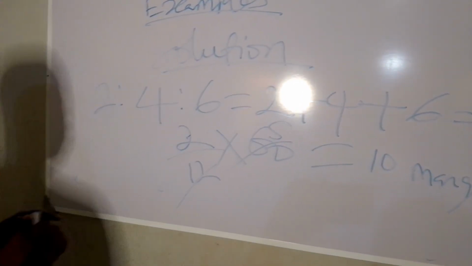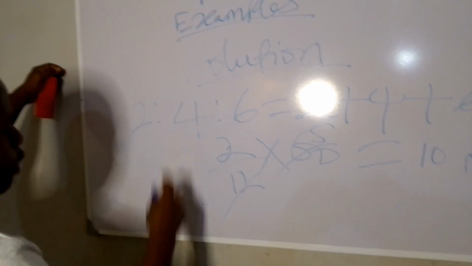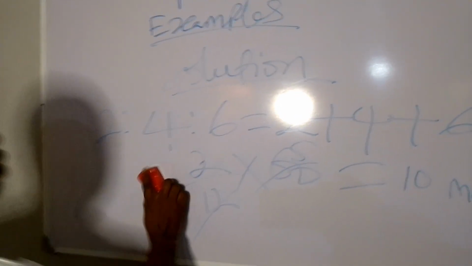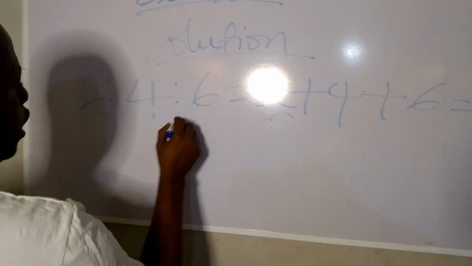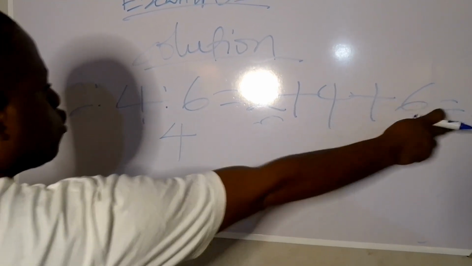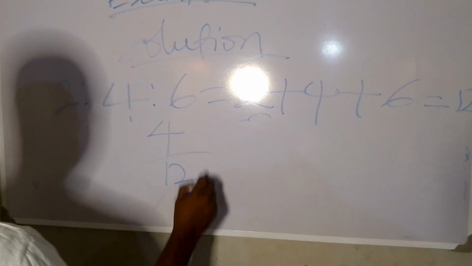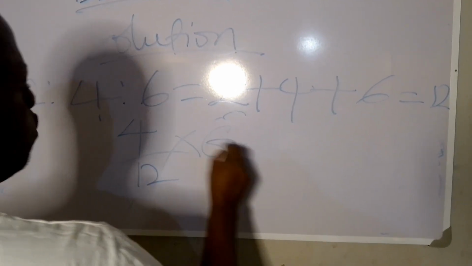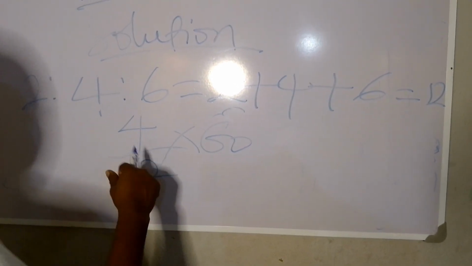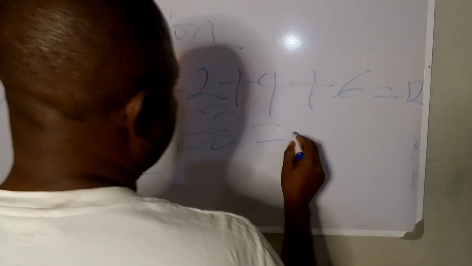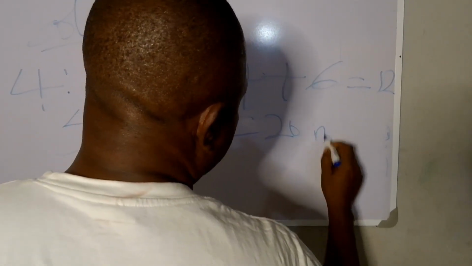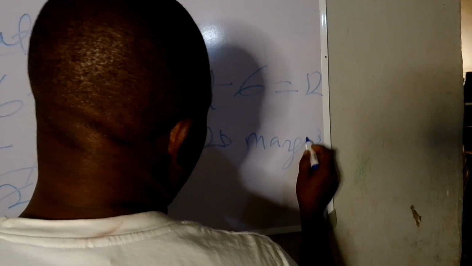For the second student, you do the same thing. This is the ratio of the second student. The second student will be 4 over the total sum, which is 12, times the number of mangoes they were given, which is 60. 12 into 60 is 5. 5 times 4 is 20. So the second student will get 20 mangoes.